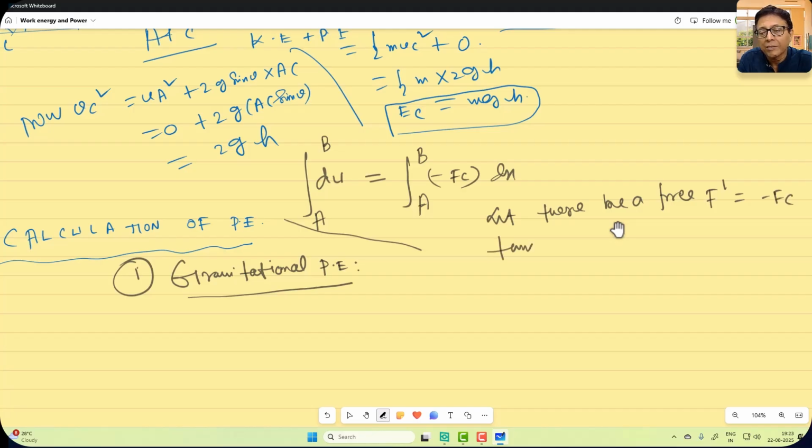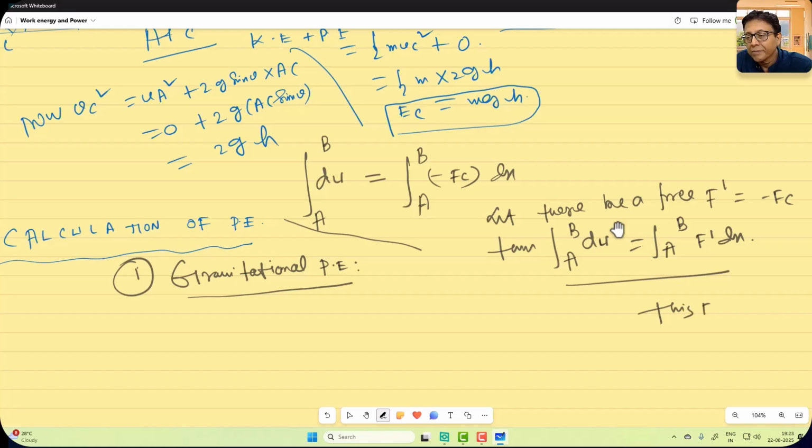Then we can write this as integration A to B dU equal to integration A to B F dash dx. You can write this. This F dash is what? This F dash is balancing the conservative force.